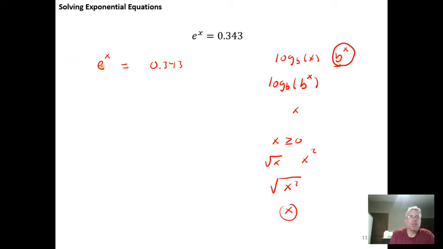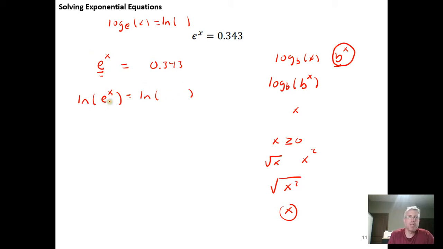So what we can do here is identify what the base is. The base is e, so we could use the inverse of exponentiation base e, and we could say, I'm going to apply log base e to both sides. But we know that log base e is represented with the natural log function. So we're going to make both sides of our equation inputs into the natural log function.